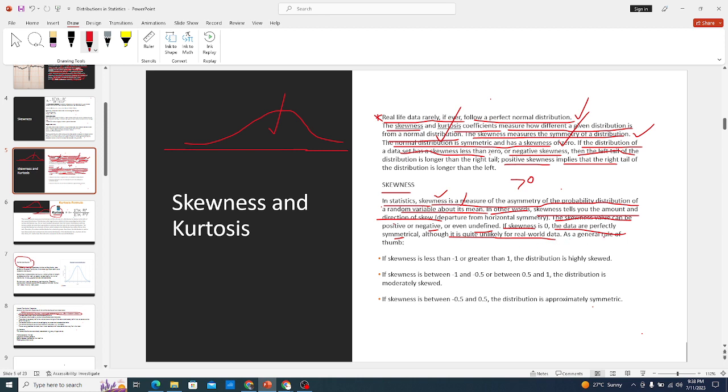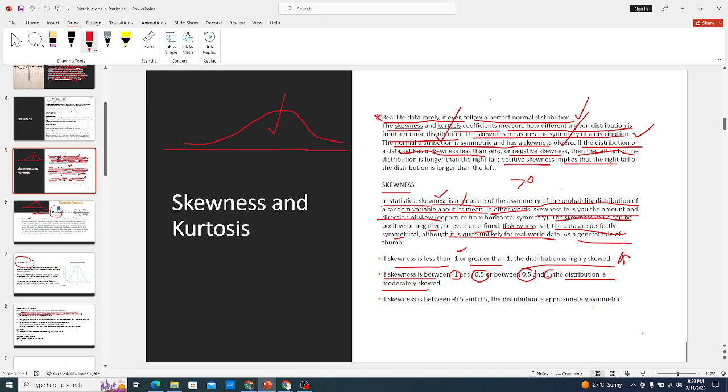Under skewness, we usually use a rule of thumb. If the skewness is less than -1 or greater than 1, then the distribution is highly skewed. If the skewness is between -1 and -0.5, or between 0.5 and 1, then the distribution, or our data, is moderately skewed.